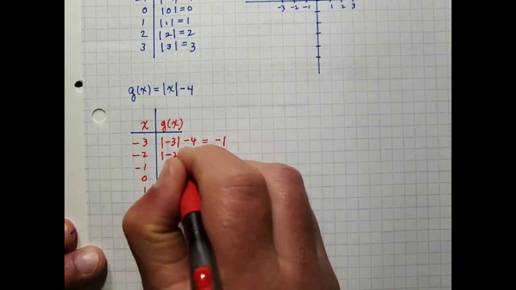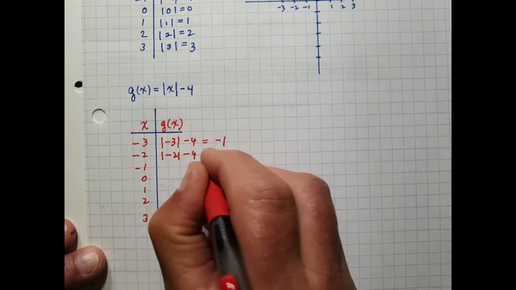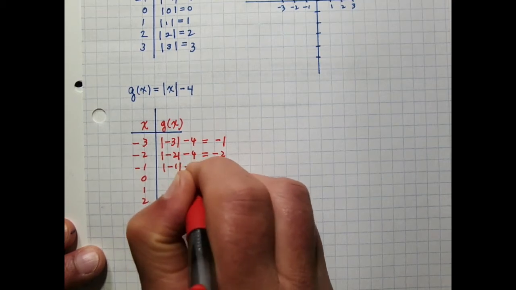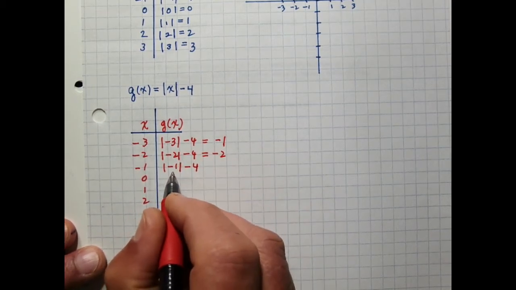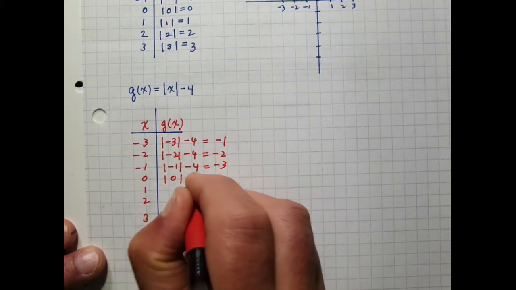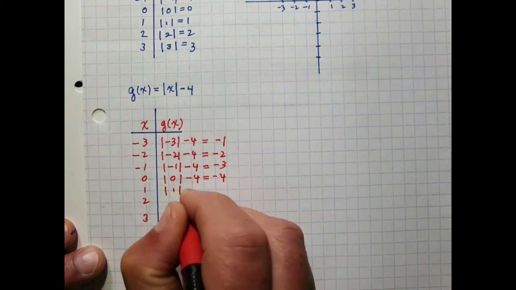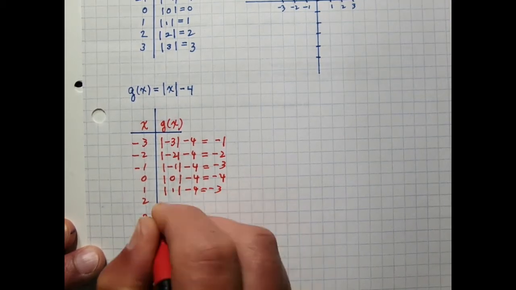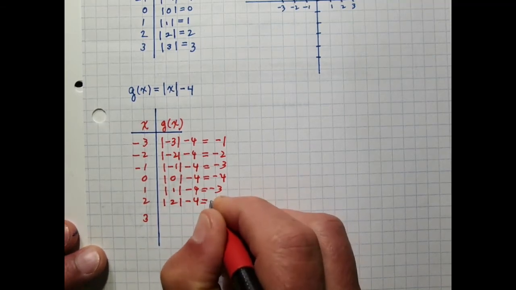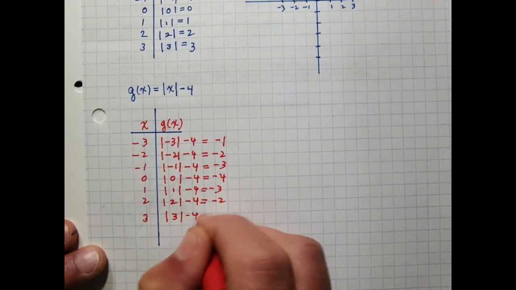Absolute value of negative 2 minus 4, I get 2 minus 4 is negative 2. So only the number inside the absolute value is made positive, right? So I get 1 minus 4 is negative 3. Absolute value of 0 minus 4 is negative 4. Absolute value of 1 minus 4 is negative 3. Absolute value of 2 minus 4 is negative 2. Absolute value of 3 minus 4 is negative 1.